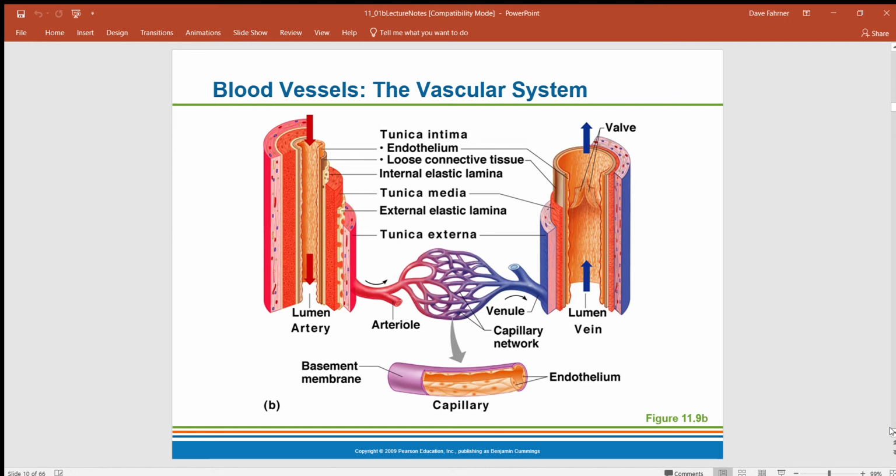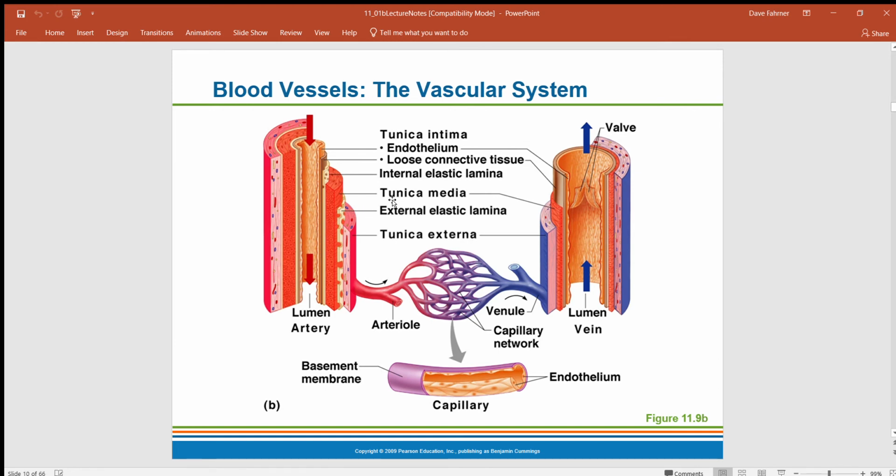This diagram shows you the difference of those three layers in terms of thickness. You can see the external epithelium right here is pretty close to being the same between a vein and an artery. The elastic tissue is going to be only in the artery, with a little connective tissue in here.